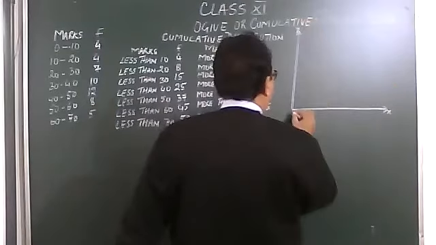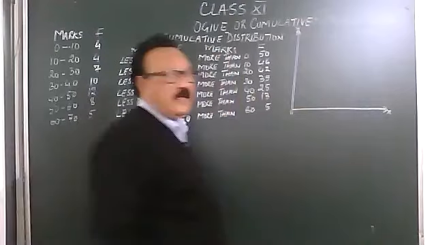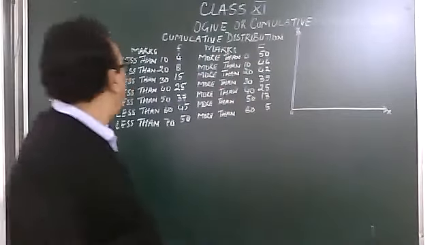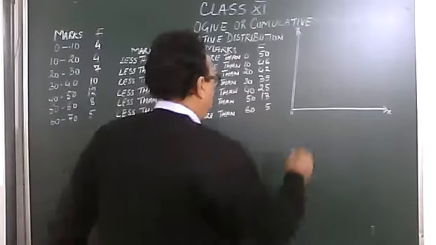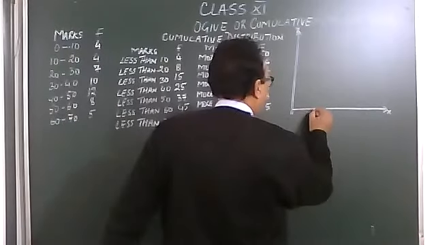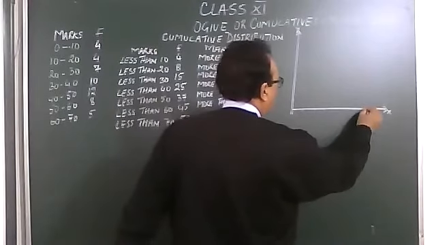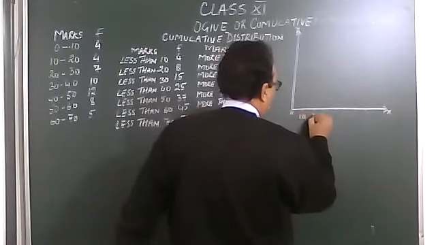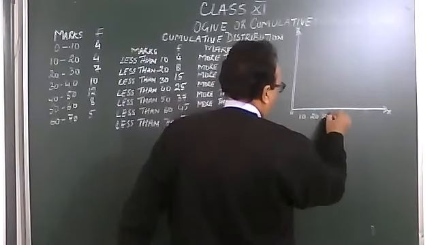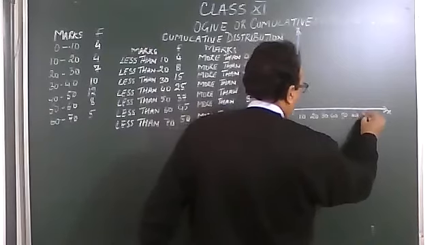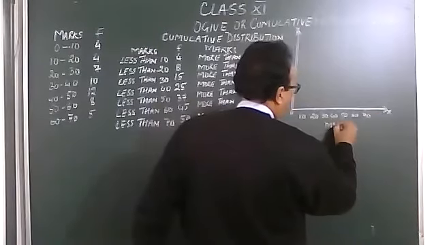We have the two axes, the x-axis and the y-axis. On the x-axis, we will take the marks. So 10, 20, 30, 40, 50, 60, 70. What are these? These are the marks.